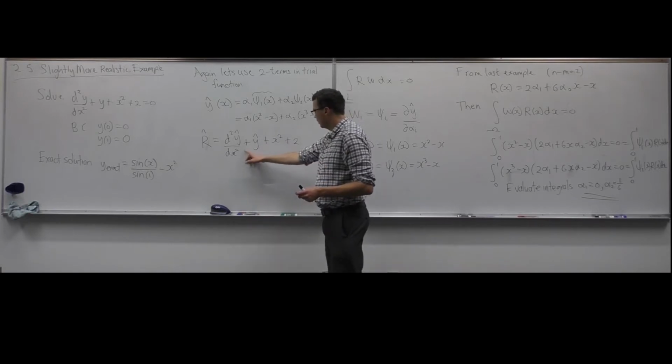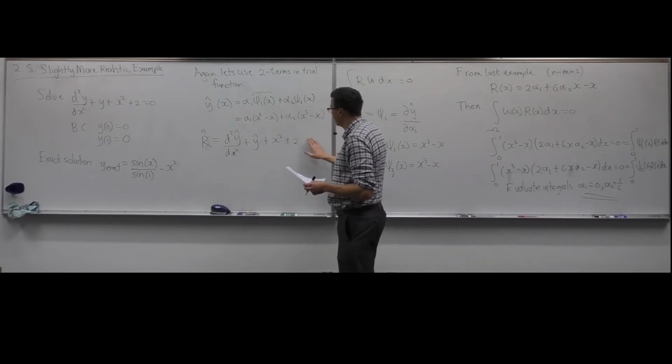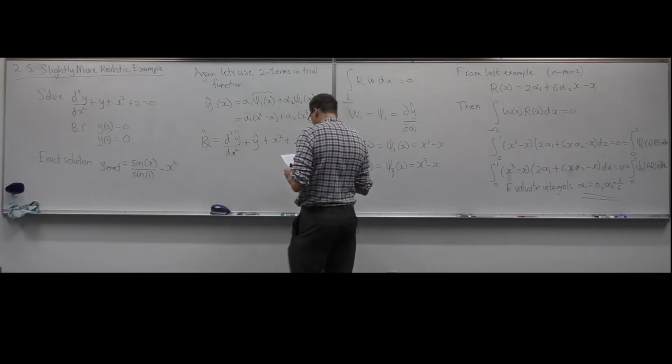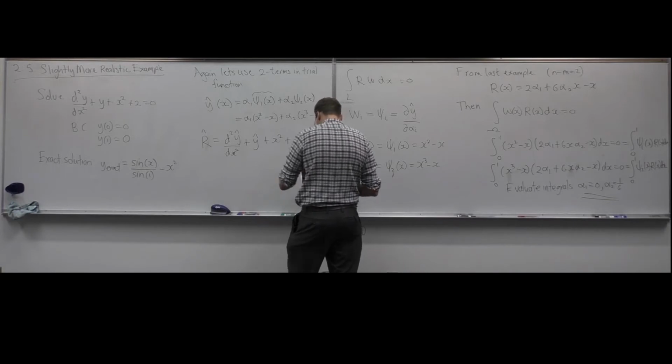But we know that the trial function is unlikely to be exact, so it would have some non-zero value. So we want this, the residual, to go to 0.